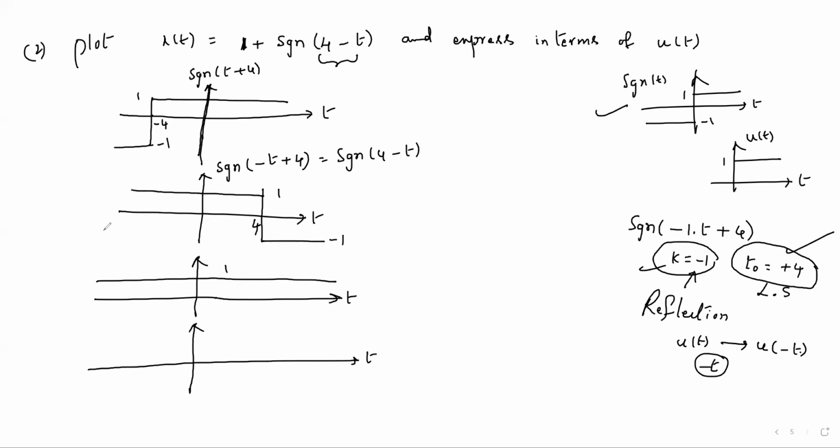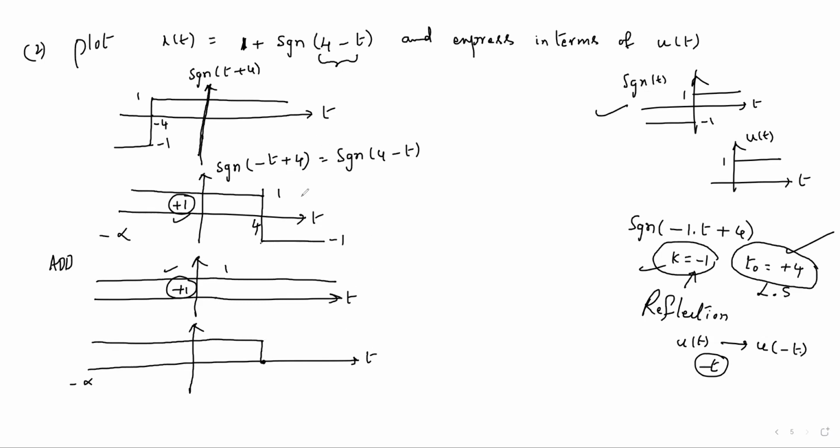So here from minus infinity to 4, the signal amplitude is 1 plus 1. Here we are adding the second signal, which also has the same amplitude of +1. So from minus infinity to +4, 1 plus 1, amplitude 2, up to 4.